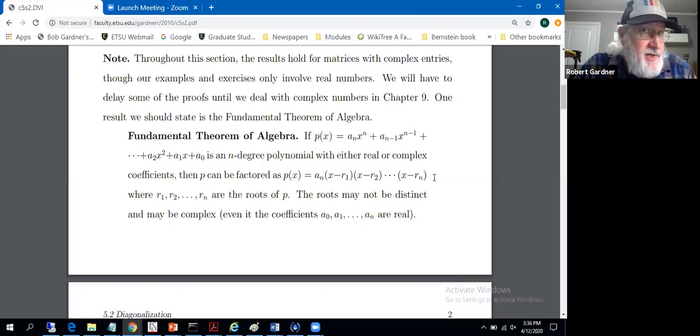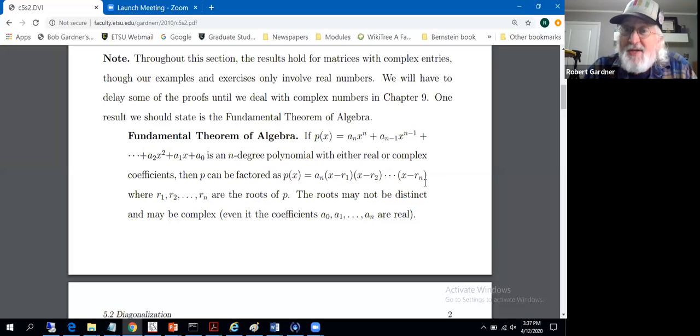And that's the reason you had irreducible quadratics in Calculus 2 when you were dealing with integrals of rational functions, when you did that partial fraction decomposition stuff. Well, there'll be nothing but linear terms if you let me use complex numbers. And we can just go pick off the roots of the polynomial if it can be factored like this. They're r1 through r sub n.